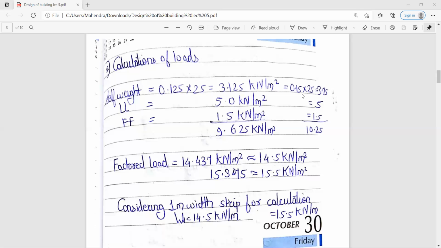For the west slab we are doing this calculation. So for that depth we are going to consider it as 0.15.